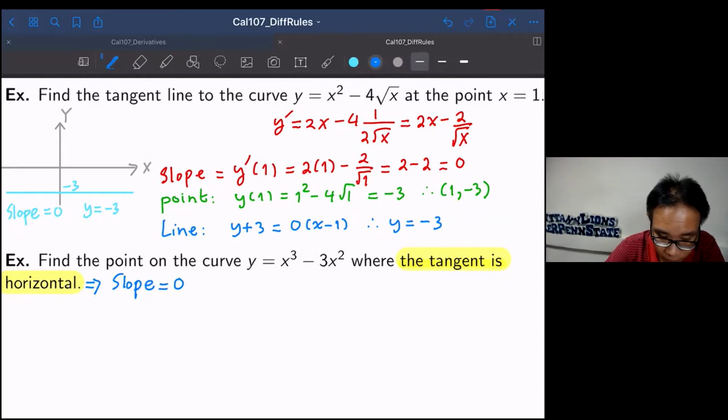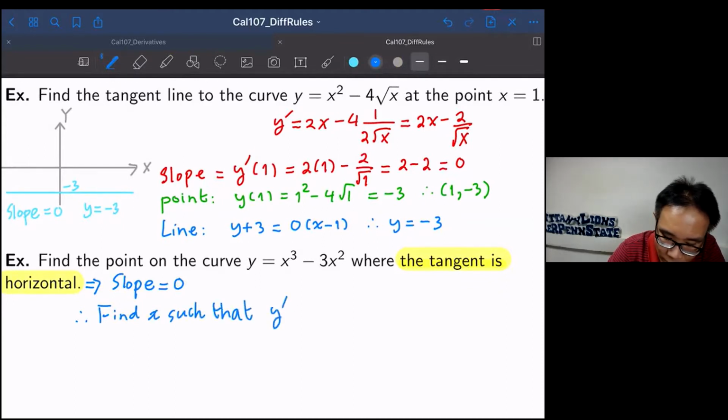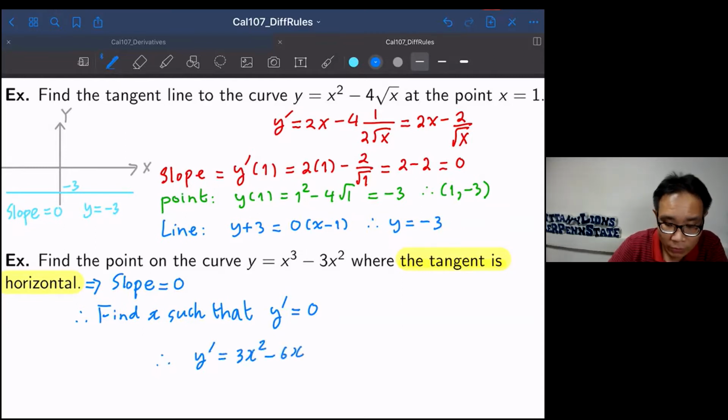So when the tangent line is horizontal, the slope is equal to 0. We'd like to find x such that the derivative equals 0, so y prime equal to 0. We get y prime equal to 3x squared minus 6x. So you differentiate this, 2 times 3 equals 6.